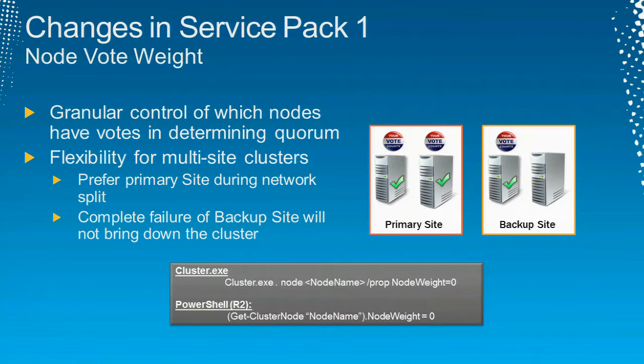If both nodes in the backup site go down, the primary site will still be up and running, because the number of nodes needed for the cluster to be up and running is now 2 rather than 3. You can change the node weight through cluster.exe.